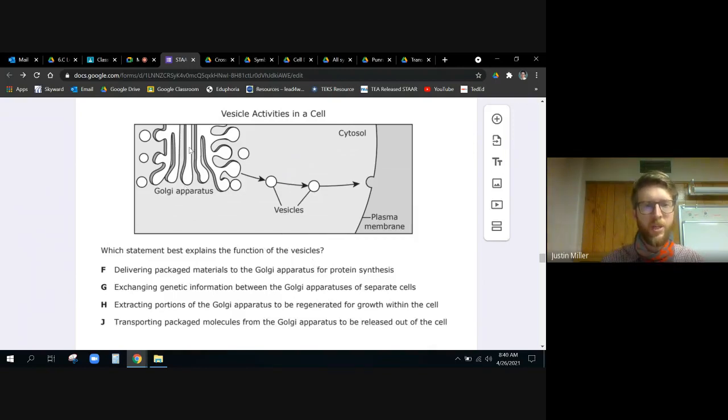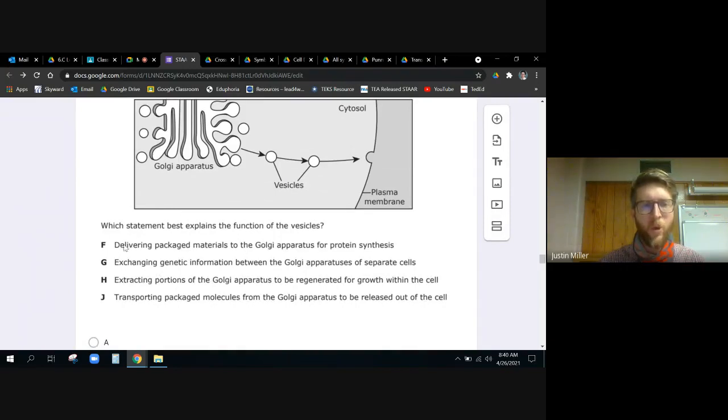We have the Golgi apparatus. We have these vesicles coming off of it, and they're moving to the cell membrane, and stuff is going out to the outside. So which one of these does that sound like? F, G, H, or J?